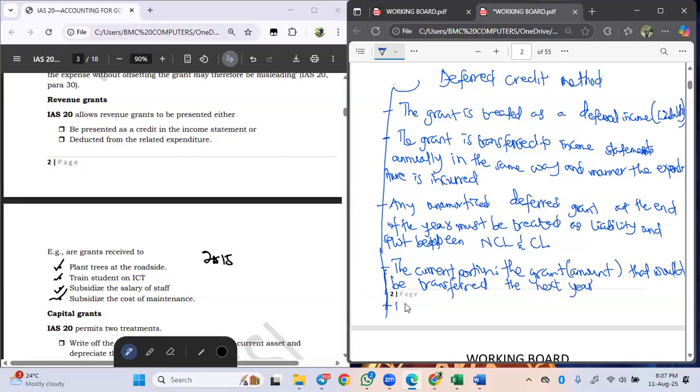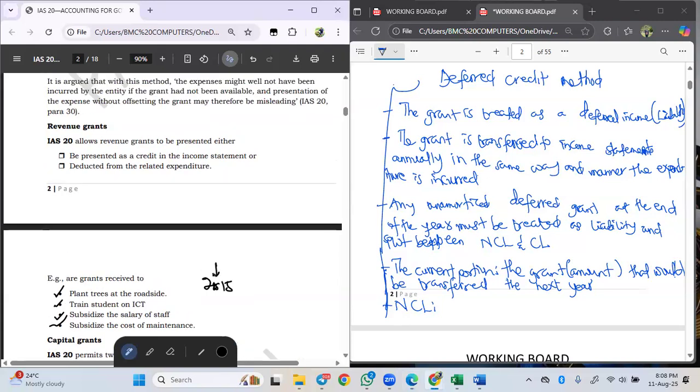Then let's look at the non-current liability. We are saying that this is the amount that will be transferred beyond 1 year. So this one is more than 1 year. So in this case, the next 2 years going, the deferred amount or the deferred income left. If you are in 2015, so the 2015 is the year in question.